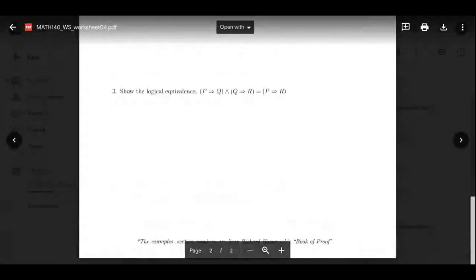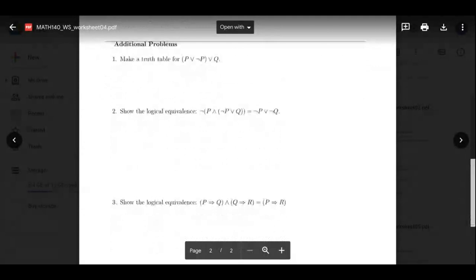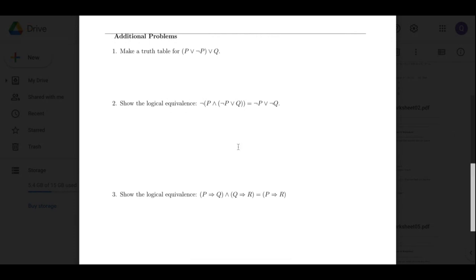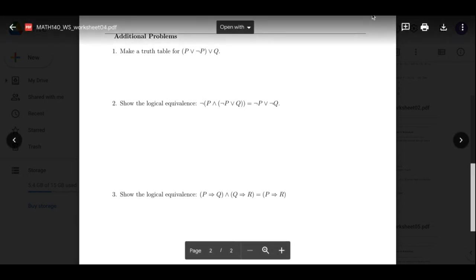So I have three more questions. One, make a truth table for this, P or not P. P or not P is always true, then or with Q. And actually we already know this, right? This will be true, true, true, true.